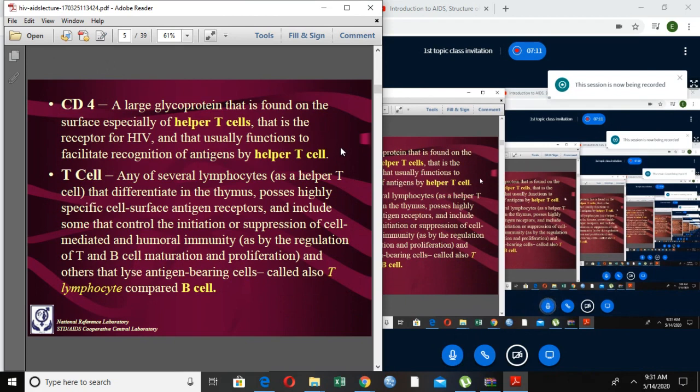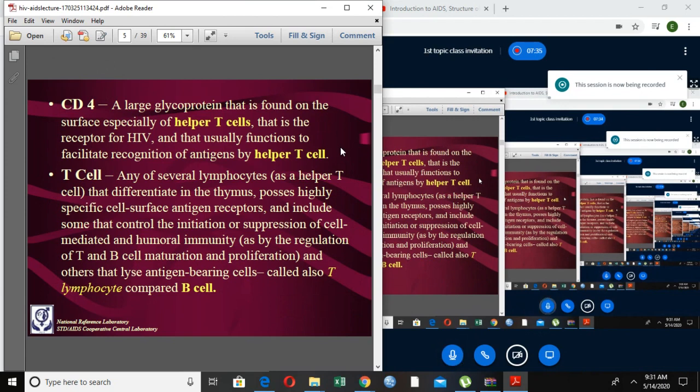So the work of these CD4 molecules on the helper T cell is to help recognize antigen. What is an antigen? This is like a poison that is normally the one that will attack you.